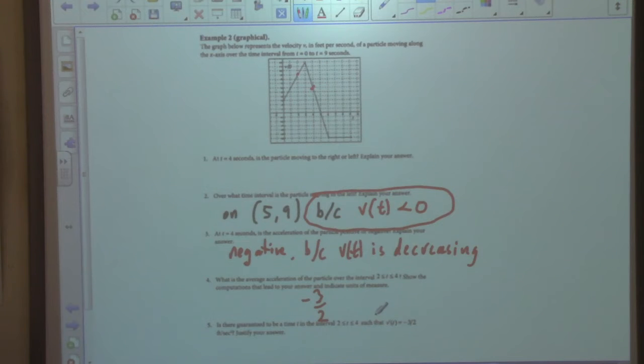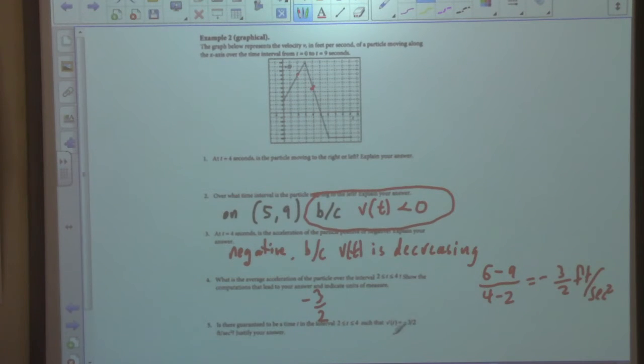I didn't put the computations, but they are here. That's going to be 1, 2, 3, 4, 5, 6. So we have 6 minus 9 over 4 minus 2, negative 3 over 2. Those are the computations. And what are the units? Feet per second squared. Yeah, feet per second squared are going to be our units.